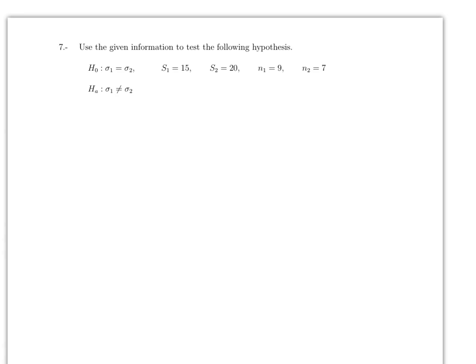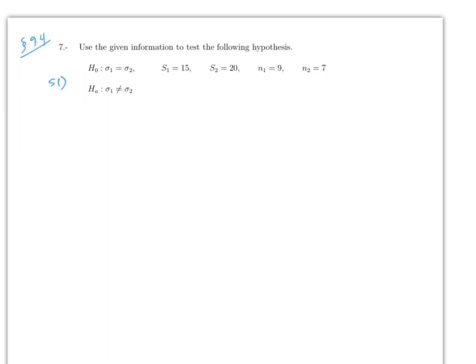Question 7 is from section 9.4. The claim given, or step 1, we're trying to check if the two standard deviations are the same or if there is a difference between the standard deviations.